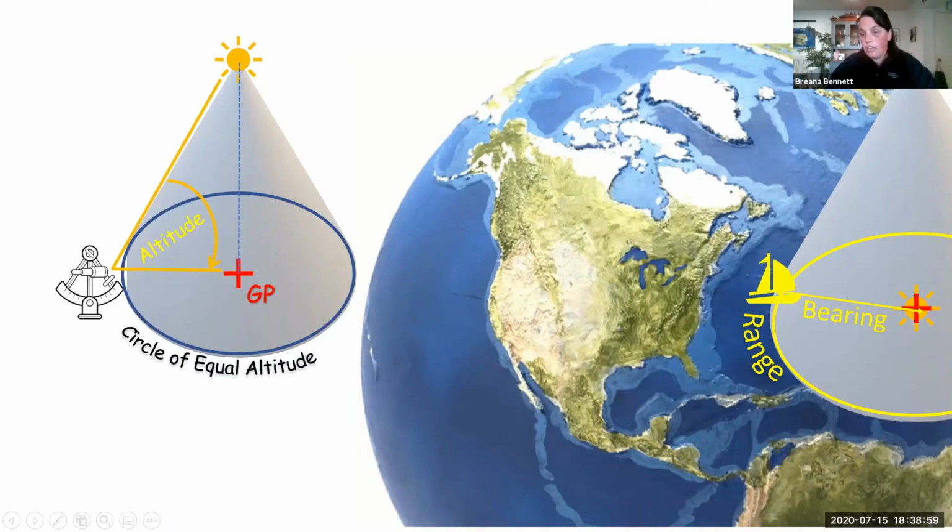So if we wanted to plot this, a range and a bearing, it is way too far away from us to plot on a chart, right? We'd need like 20 charts or something. It's way too far away to get an accurate position.